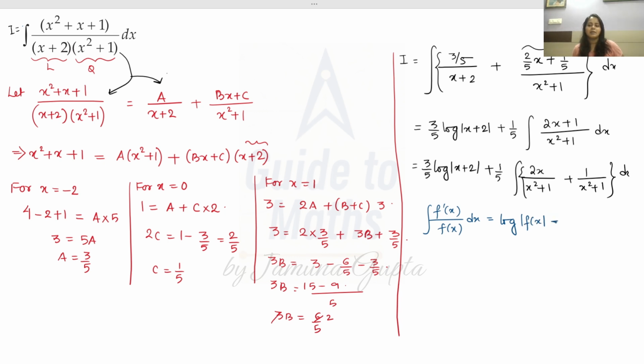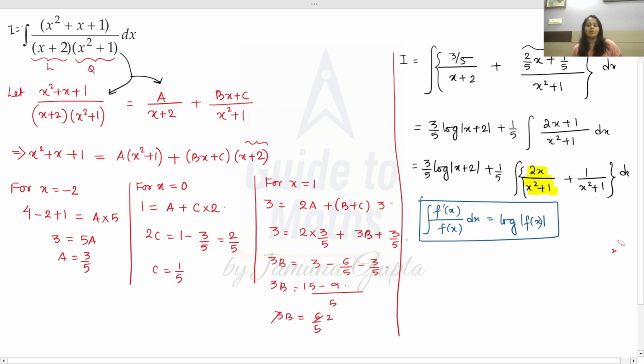I'm not writing c right now, because overall we will take one c. So if you observe this part, the denominator is x square plus 1 and the derivative of this one will be 2x, which is there in the numerator.